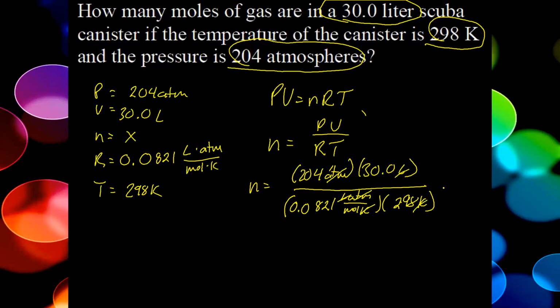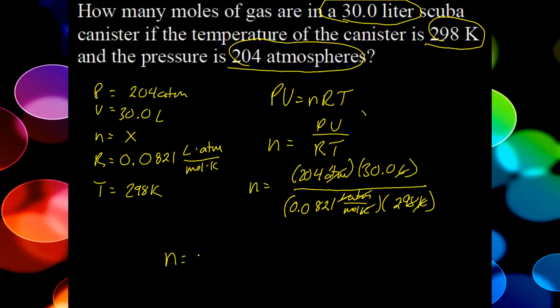Two things to do. You have your choice, but you either multiply the top and write that number down, multiply the bottom, write that number down, and then divide. Or as you type it in the calculator, this is what I would do.